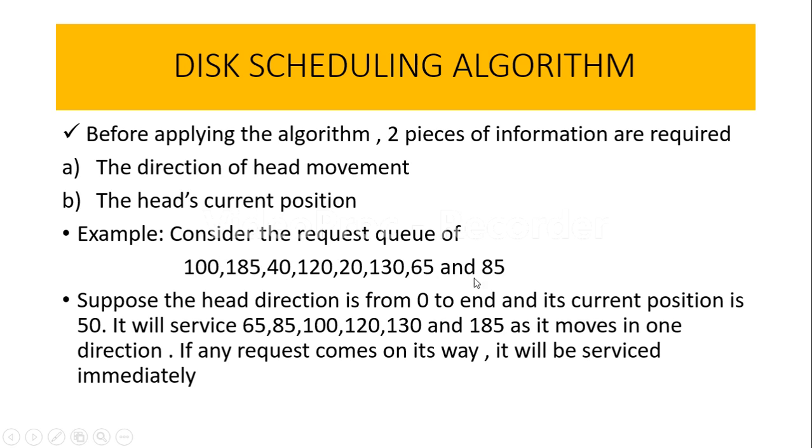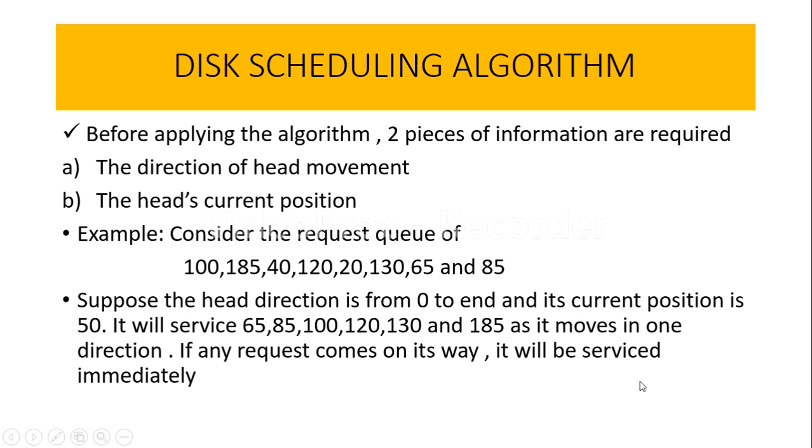We are imagining that currently the head direction is from 0 to the other end, and as we have already considered, the current position of the read write head is 50. So it is going to serve all the tracks which are on its right hand side.